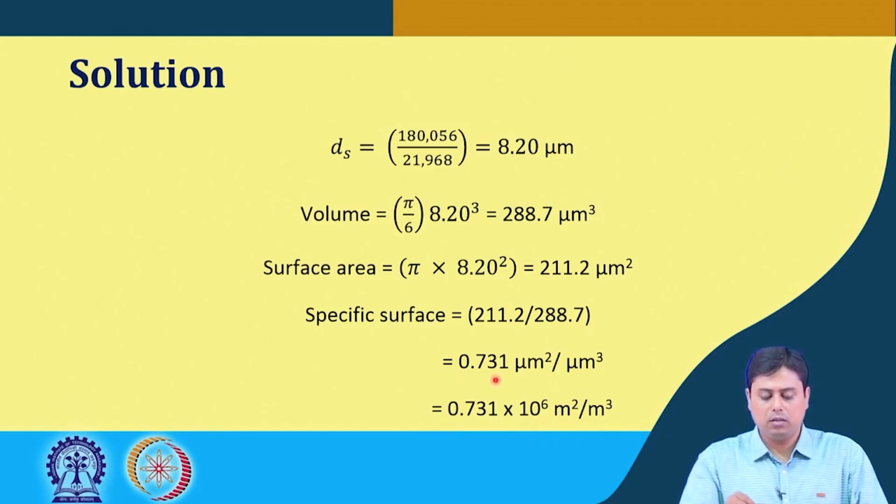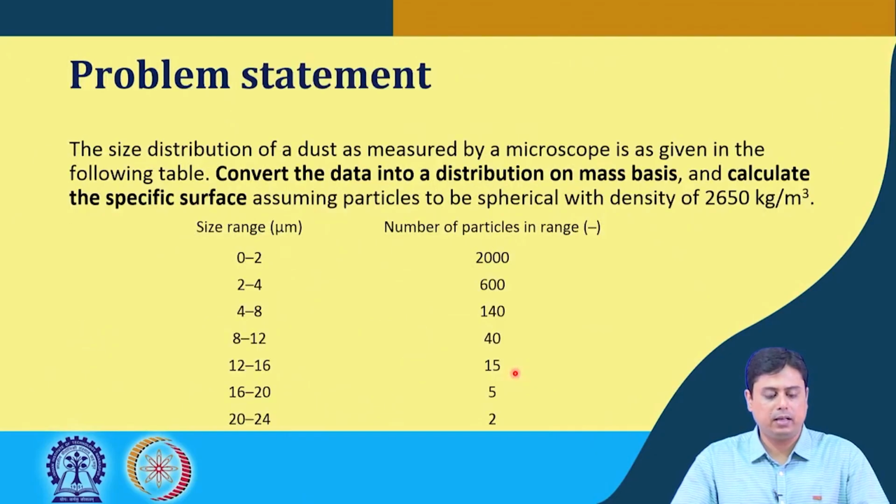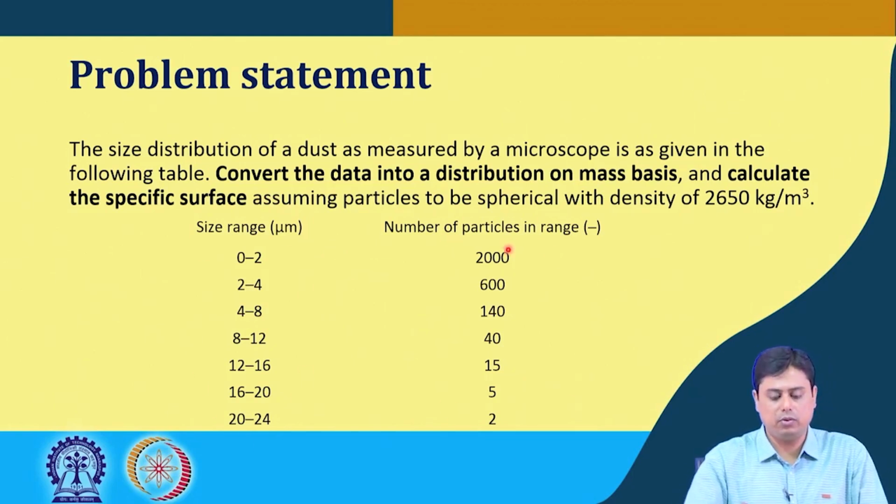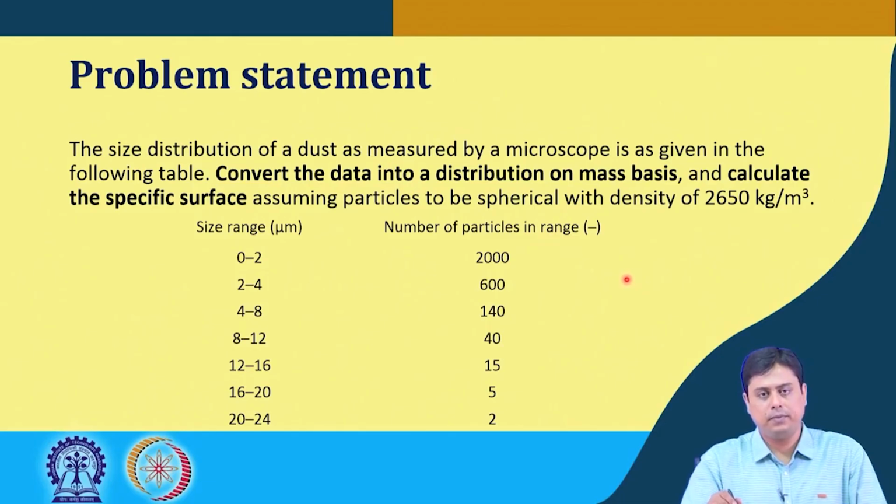So, from this problem, let me go back to the problem and recap step by step. The problem was given as the size range and number distribution. The task was to convert this to mass distribution.